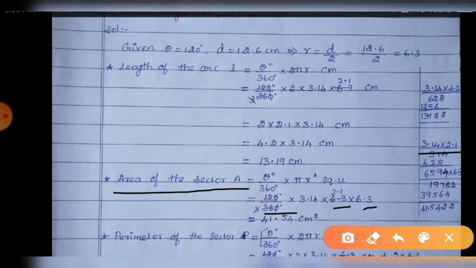Using 3 table, 4 3s are 12, 2, remainder 1 carries, 9 3s are 27, 28, remainder 2 carries, 5 3s are 15, 15 plus 2, 17, and remainder 1 carries, 6 threes are 18, 18 plus 1, 19. And then next one, using 6th table, 6 fours are 24, remainder 2 carries, and 9 6s are 54, 54 plus 2, 56, 6 5 carries, and 6 5s are 30, 30 plus 5, 35. Remainder 3 carries, 6 6s are 36, 36 plus 3, 39.